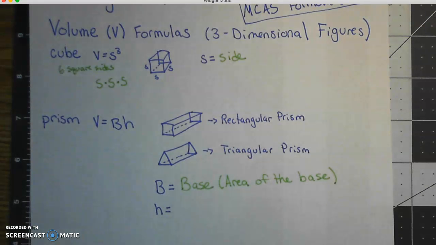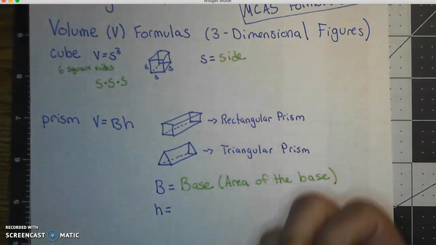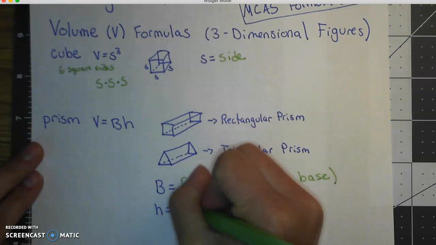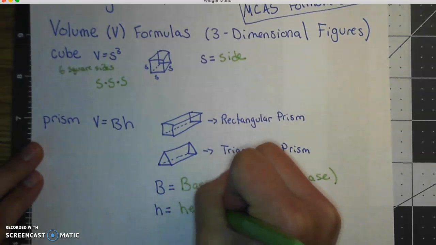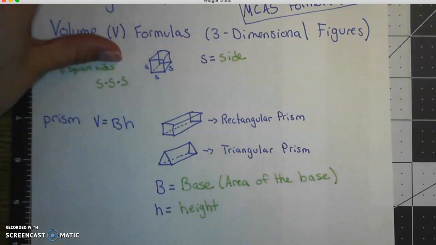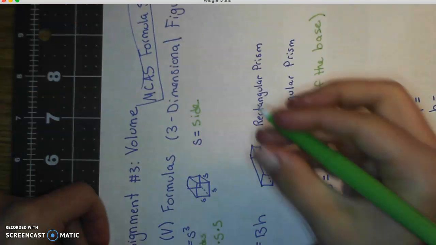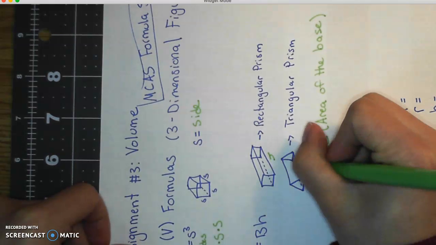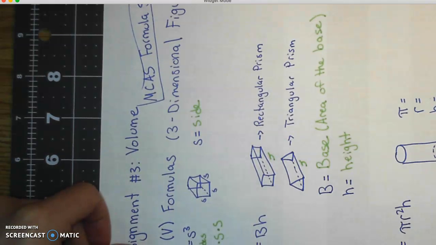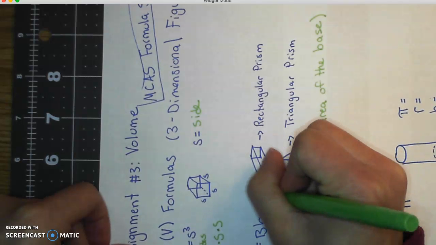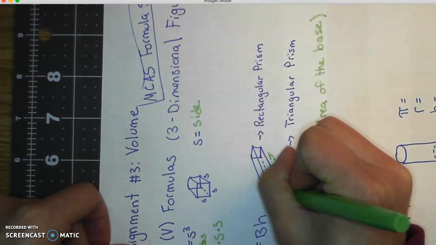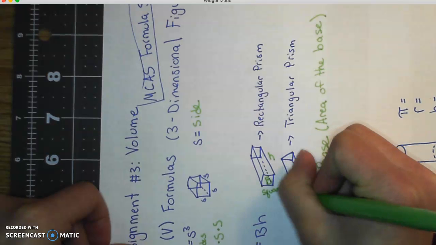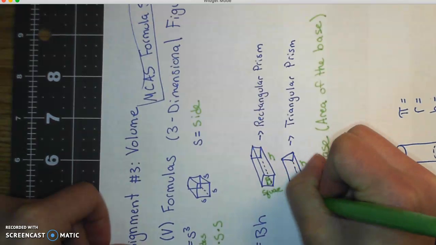And H, what do you think H stands for? Yeah, it stands for the height. In these prisms, I actually kind of drew them weird. We consider this the height. And the base of this first one is a square, and the base of the second one is a triangle.